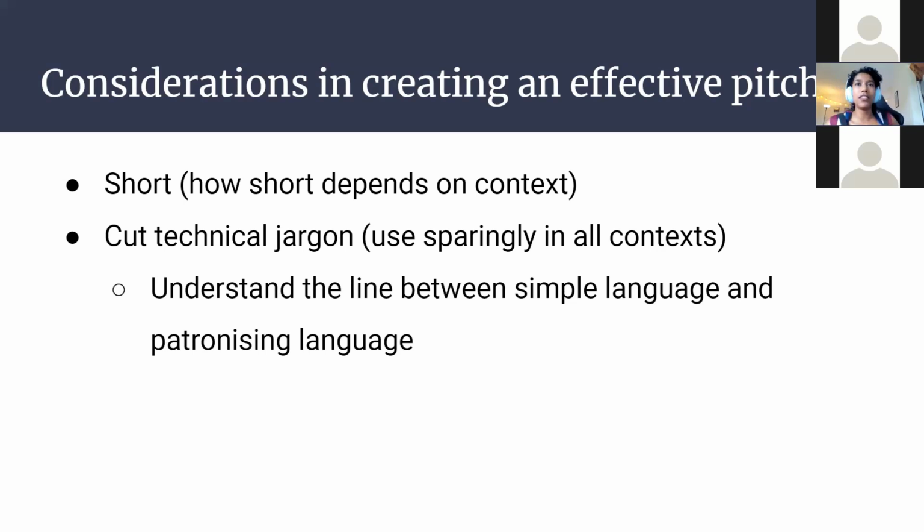So you don't want to use a language or a tone that implies they don't know anything, because even if it is a general audience, they still do have a functional understanding of the world oftentimes. And so you don't want to simplify what you're saying too much, because then again, you run the risk of them not caring what you're saying because they're maybe offended that you're simplifying things a little bit too much.